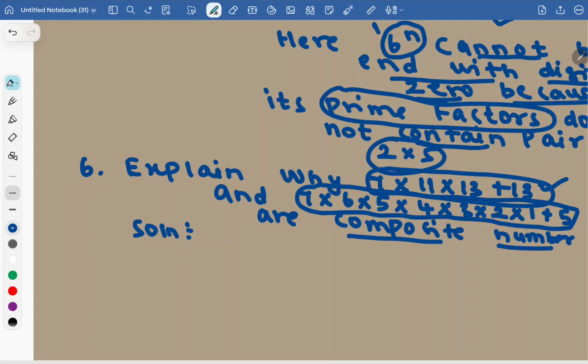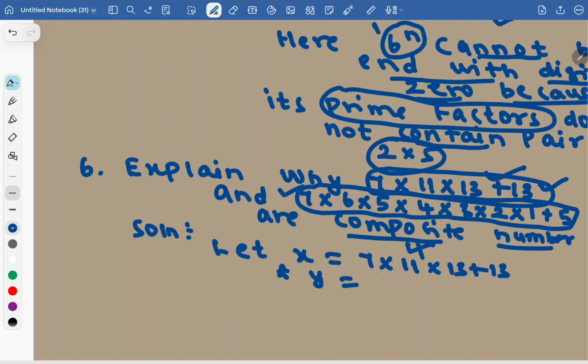I am going to take the first as x equal to 7 into 11 into 13 plus 13, and the second as y equal to 7 into 6 into 5 into 4 into 3 into 2 into 1 plus 5.